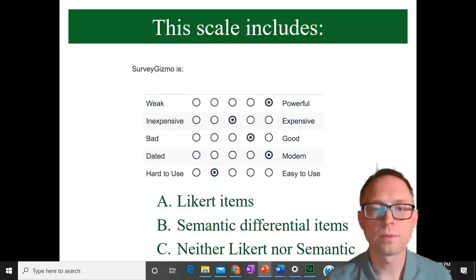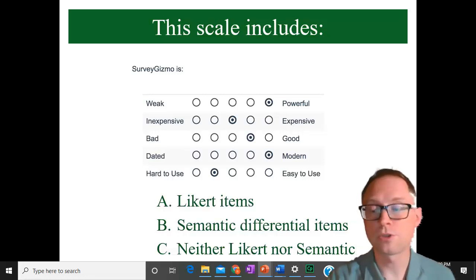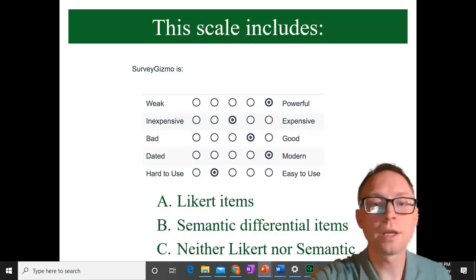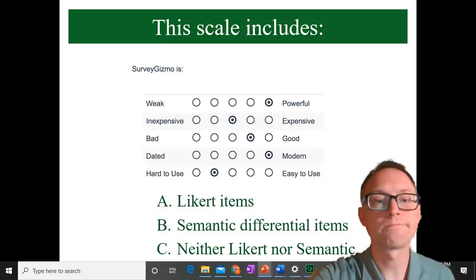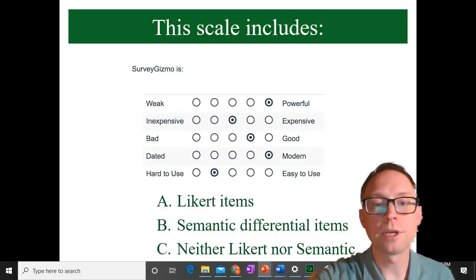What about this? What kind of items are these? These are semantic differential items. In this case, what they're studying is people's attitude towards SurveyGizmo. And SurveyGizmo is either weak or powerful, either inexpensive or expensive.